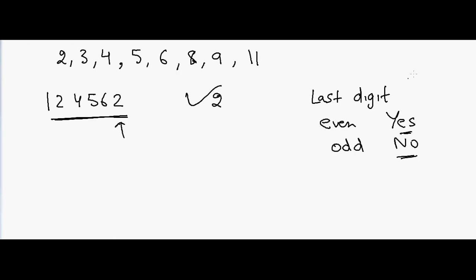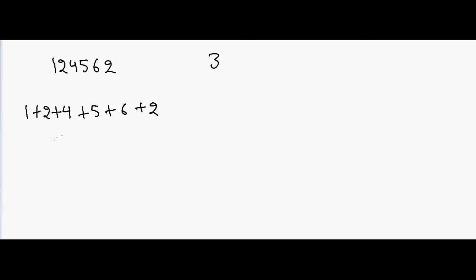Now let's talk about division by 3. If I have 1, 2, 4, 5, 6, 2 again, and I'm looking at whether it's divisible by 3 or not, what I'll do is add all these digits together. So 1 plus 2 plus 4 plus 5 plus 6 plus 2. That gives me 3, plus 4 is 7, 7 plus 5 is 12, 12 plus 6 is 18, plus 2 is 20.